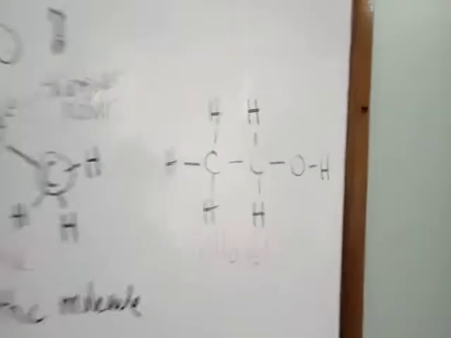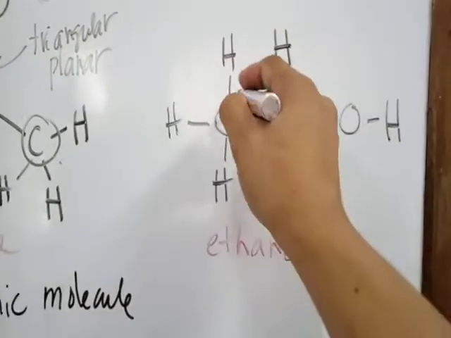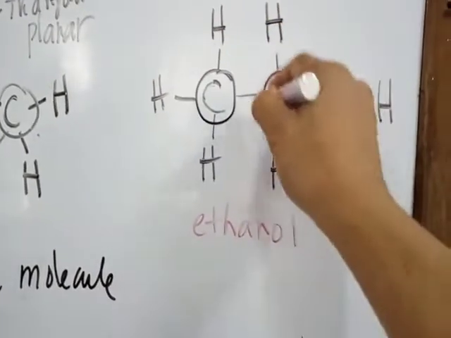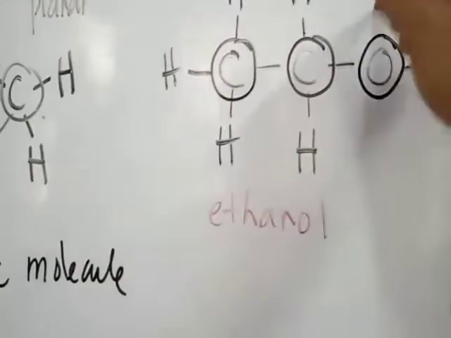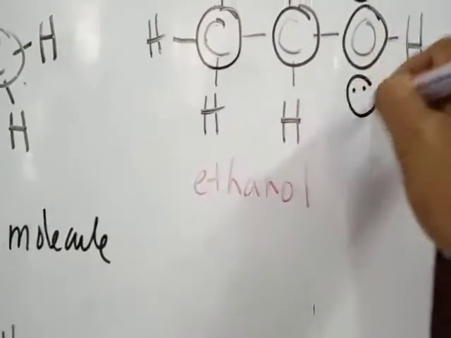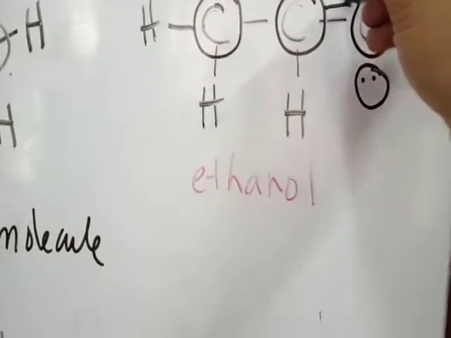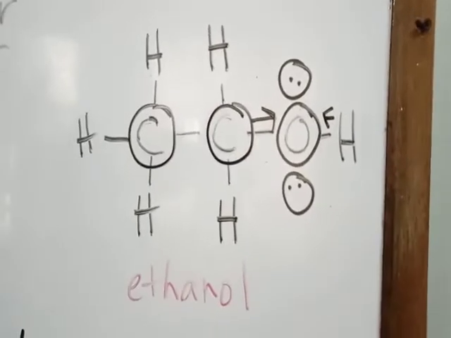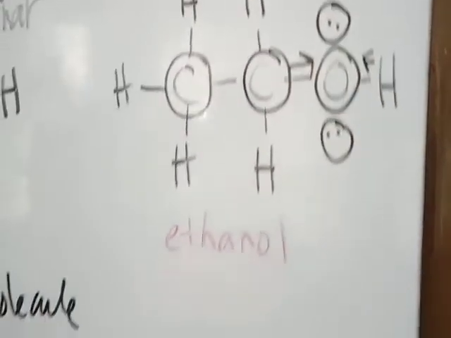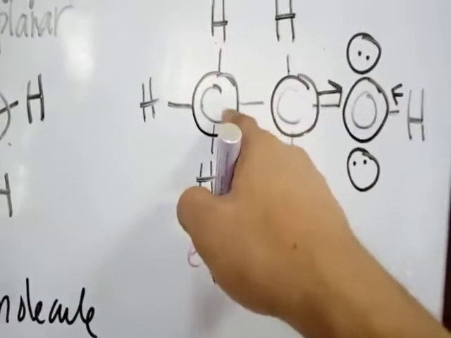Now let's go to this. Ethanol. So first, encircle the central atoms. Next, show the lone pairs. Next, write dipole moments. Dipole moments right here. Okay. Next is the geometric shape of the central atoms.